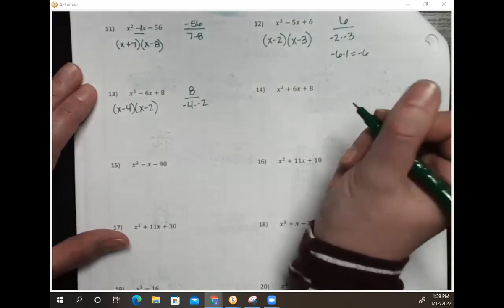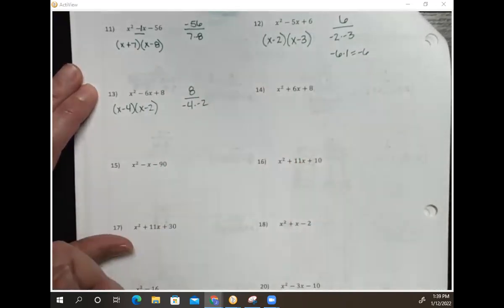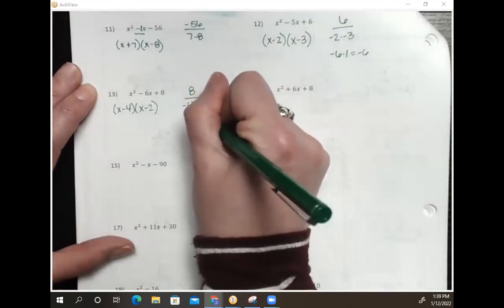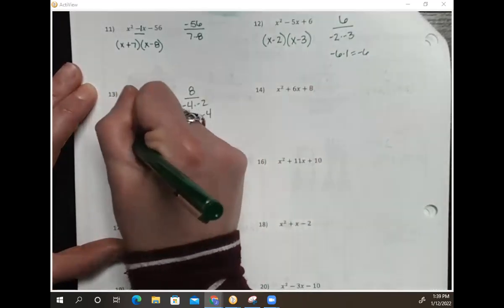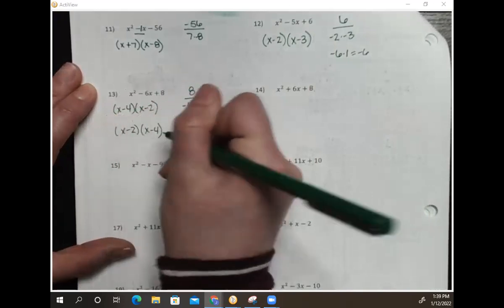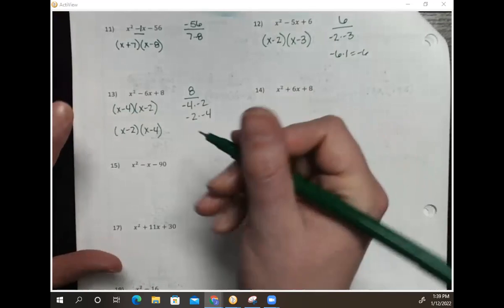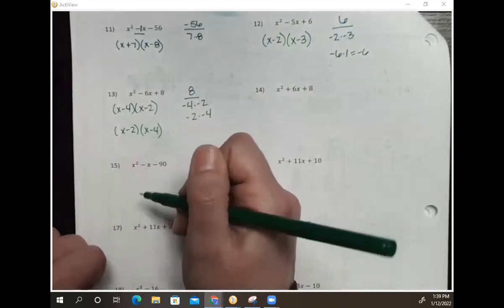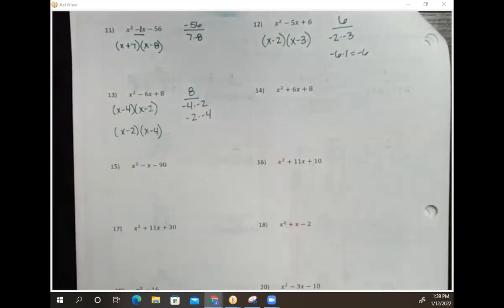I also want to note that I've been jotting down numbers in the order that you guys have said them to me. If on your own paper you had negative 2 times negative 4 and you wrote x minus 2 times x minus 4, this is the same thing. As long as you have the same factors, you're good. If the order is swapped, that's the same thing.